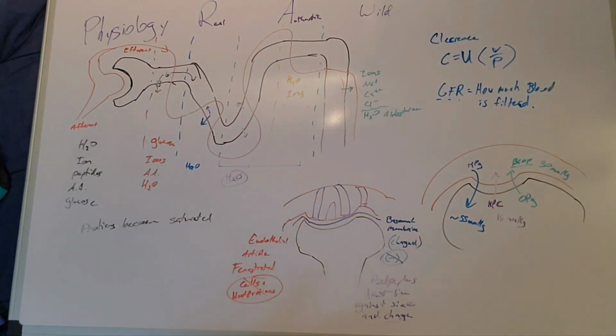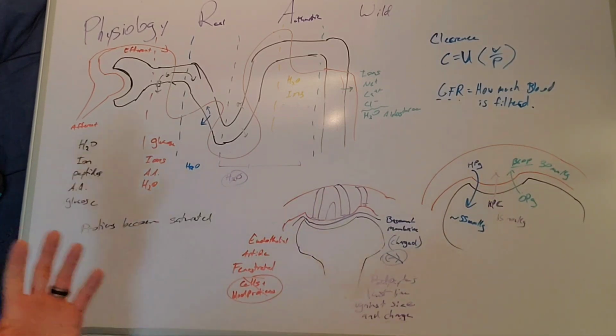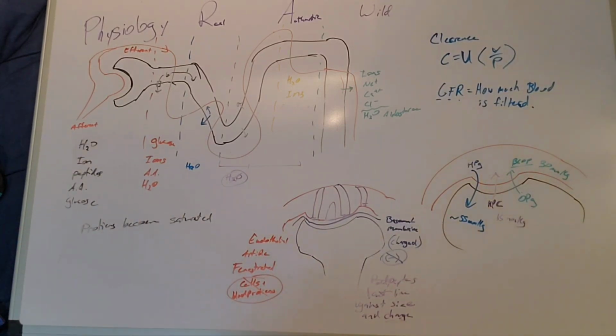So we could test that. We could take those measurements and see how much blood is getting to the kidneys, which could be very helpful. If there's not a whole lot of blood getting to the kidneys, we know there's an issue. So let's see.